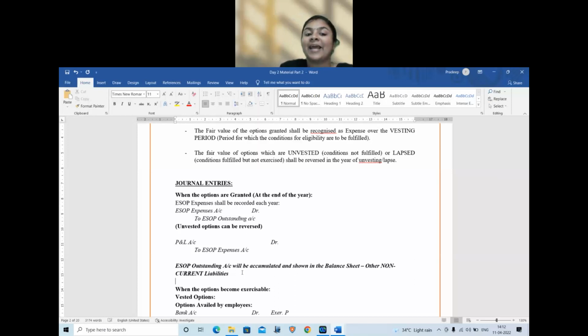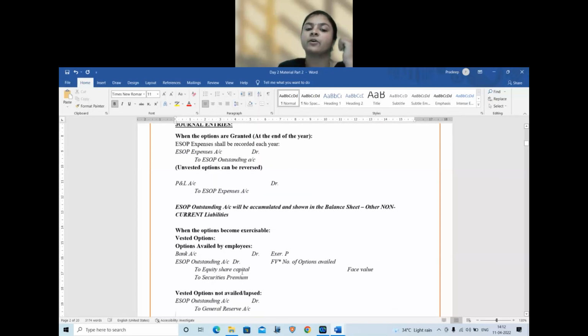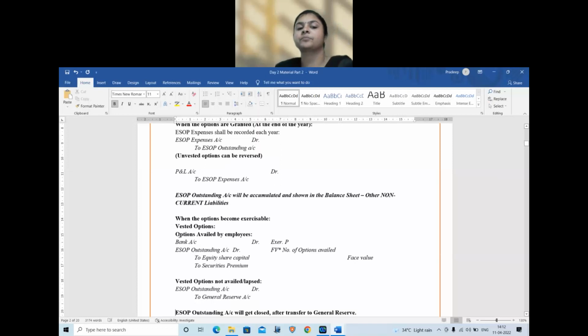Now, when the options are exercisable, so the vesting period is over, for the options that we are going to exercise, bank account debit for the amount received from the employee, which is the exercise price into options availed.